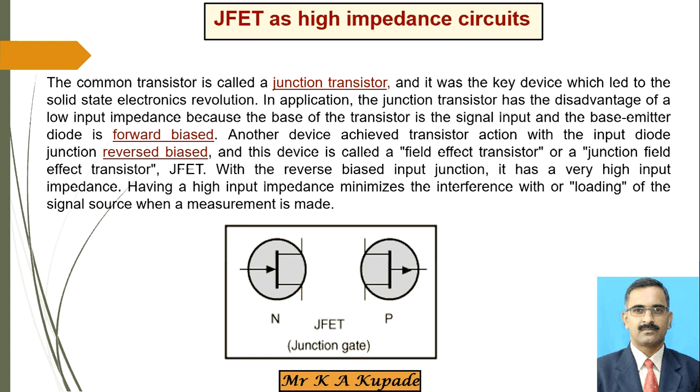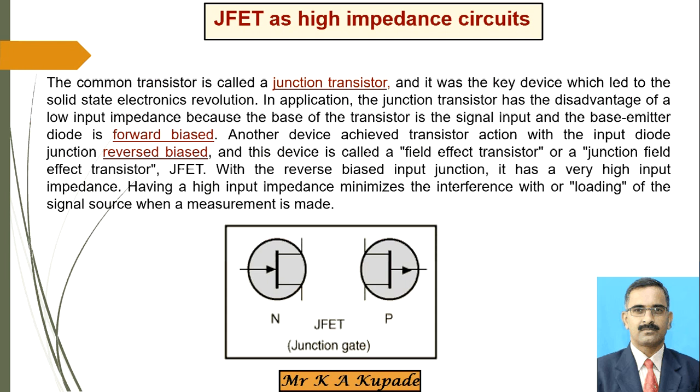And why is the input impedance low? Because whatever input signal you apply to the base terminal, the base to emitter junction is forward biased.